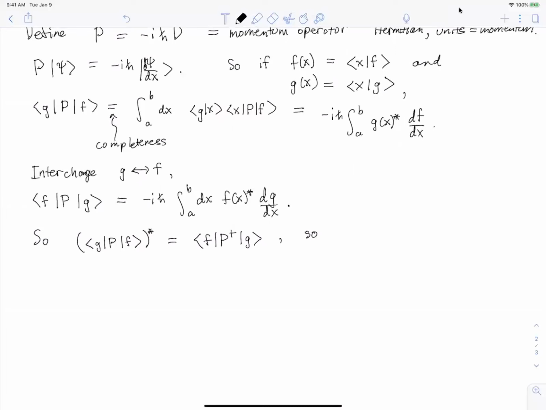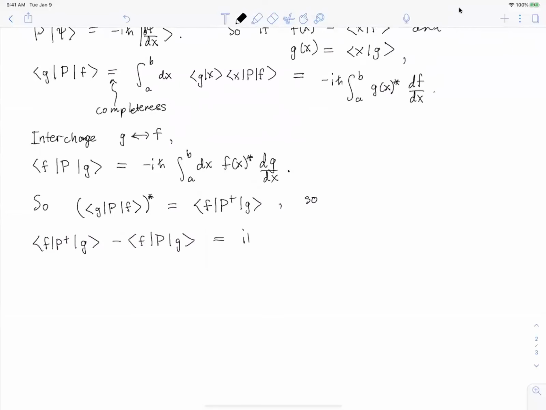Okay, so now we just take the expressions that we've derived here, and we get ⟨f|P dagger|g⟩ minus ⟨f|P|g⟩. Okay, that should be 0 if P is really a Hermitian operator. It equals i h bar, integral from a to b, dx of g derivative of f star plus f star derivative with respect to x of g.